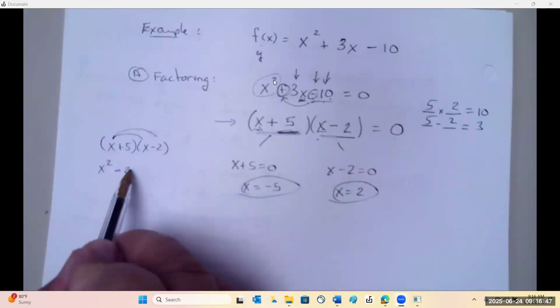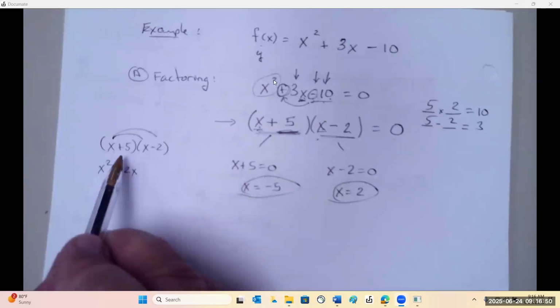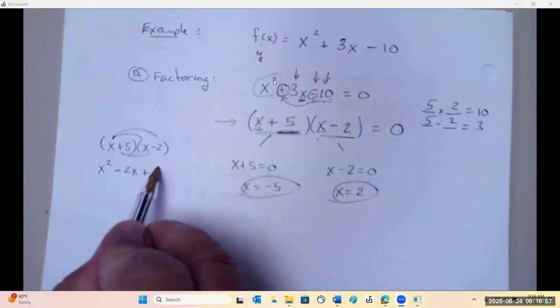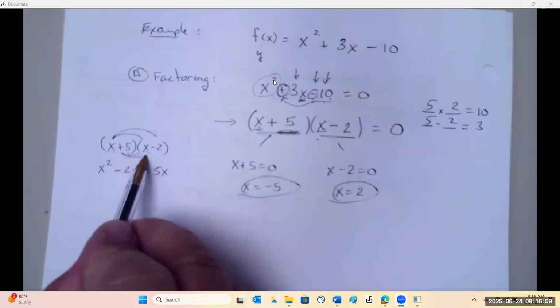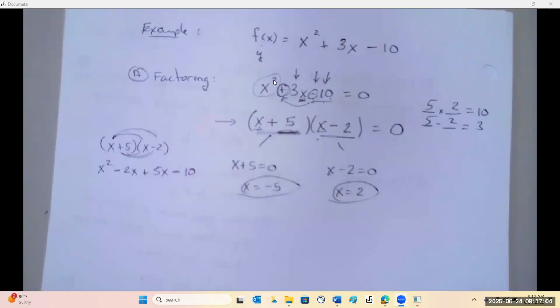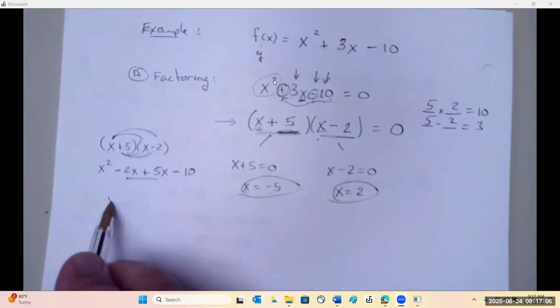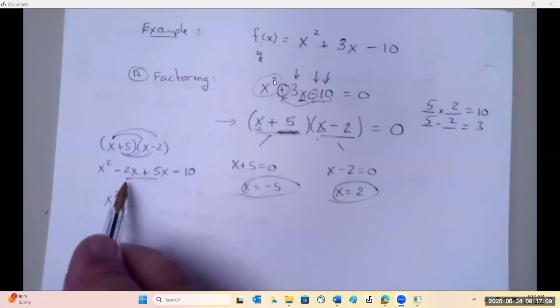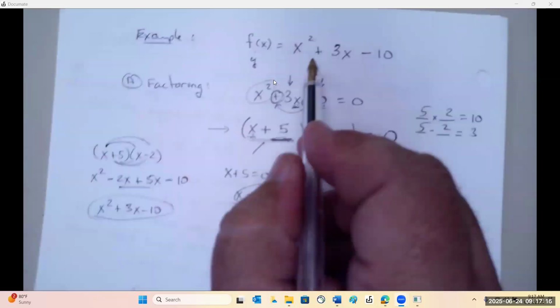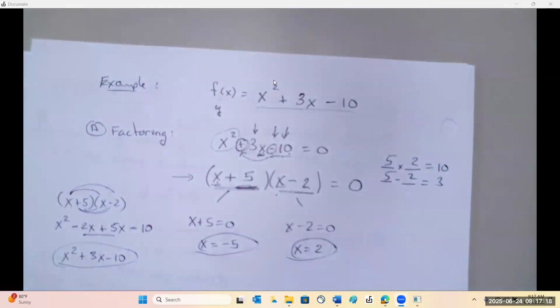X times 2 is 2x. Positive times positive is positive. 5 times x is 5x. Positive times negative is negative. 5 times 2 is 10. Combine like terms. 5 is bigger than 2, so it's positive. 5 minus 2 is 3. This should be the same as what you started off with. That's one check.